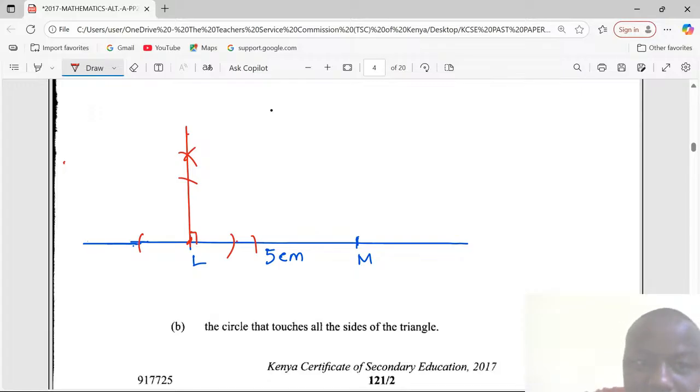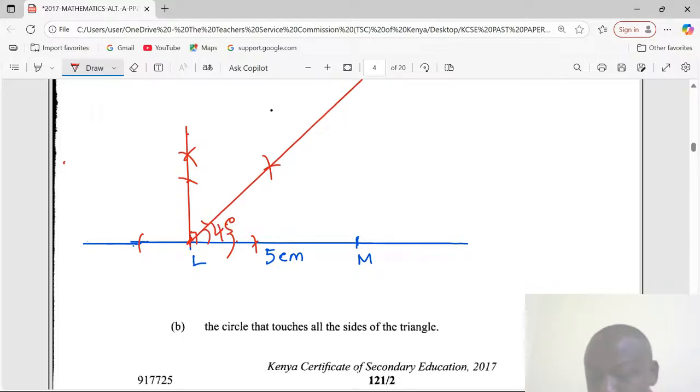Then standing on those arcs, I make other arcs at that point. This way, I will have bisected the 90 degrees angle and gotten 45. So this is automatically 45 degrees without measuring by a protractor, just construction.